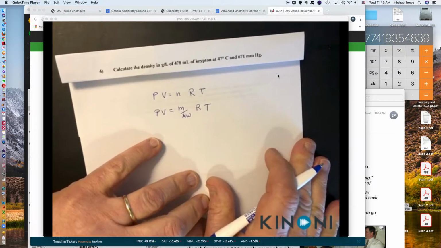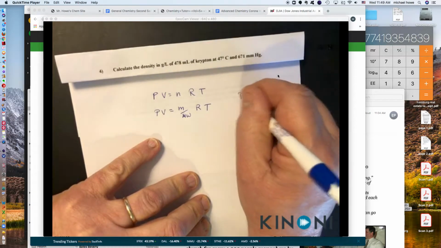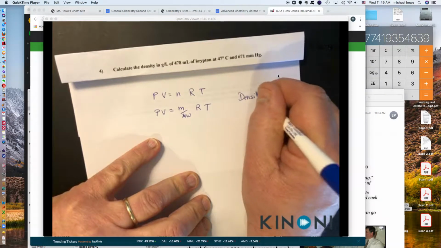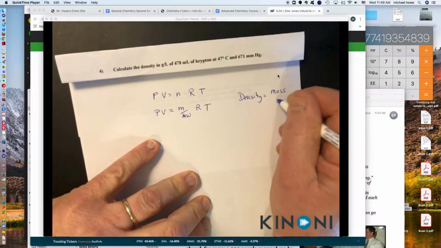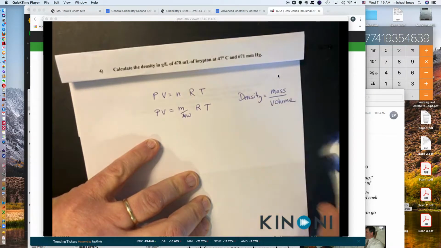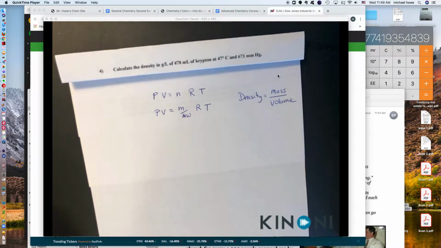The definition of density is mass divided by volume. So in this little formula that I just wrote over here, do you see mass and volume?